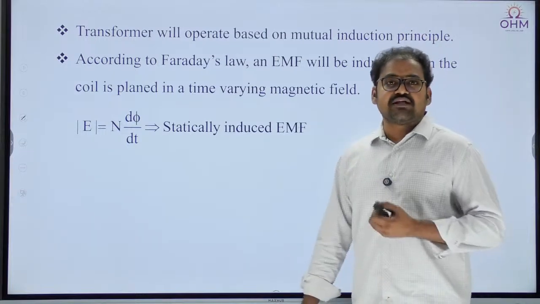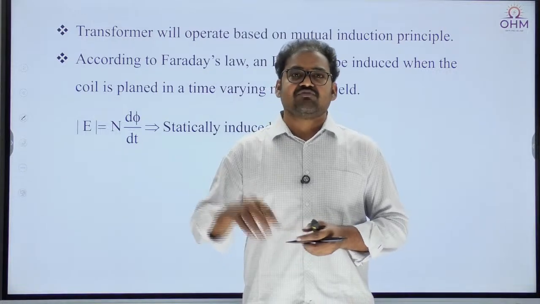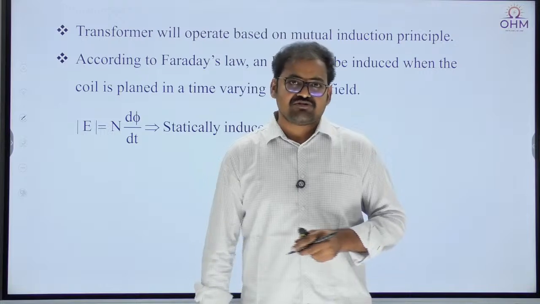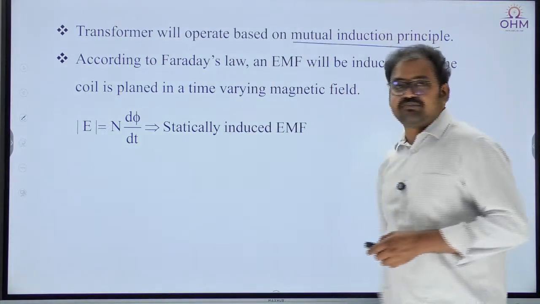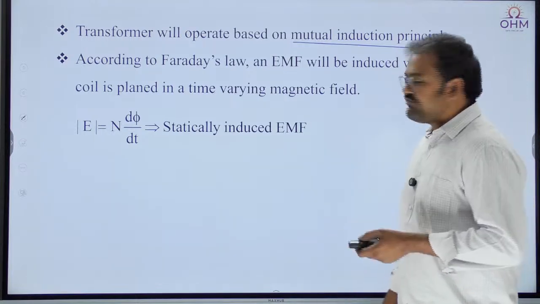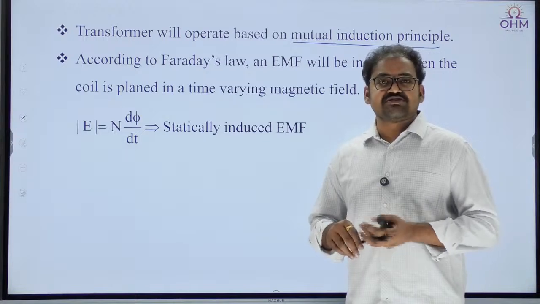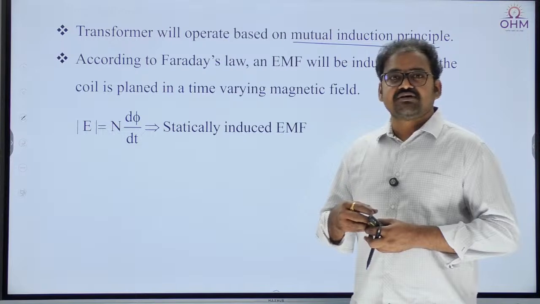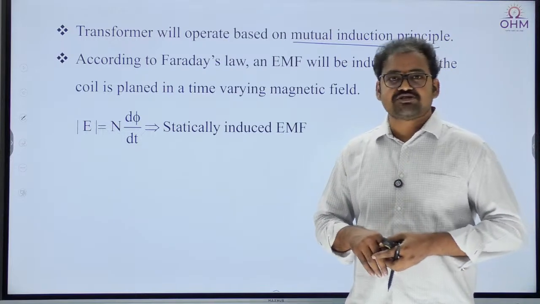We all know that a transformer is a device which transfers electrical energy from one circuit to another circuit through the mutual induction concept. A transformer works based on the mutual induction principle. According to Faraday's law, whenever a coil is placed in a time varying magnetic field, it experiences changes in flux linkages, so an EMF is induced across the coil.